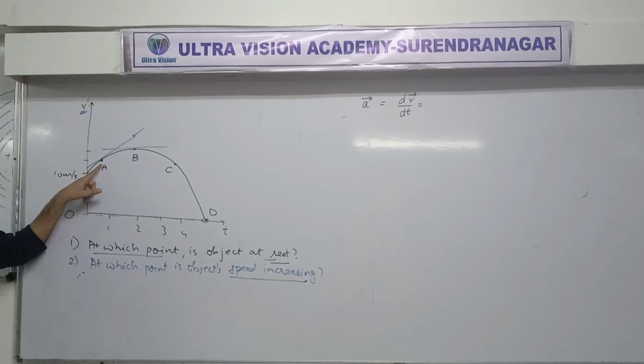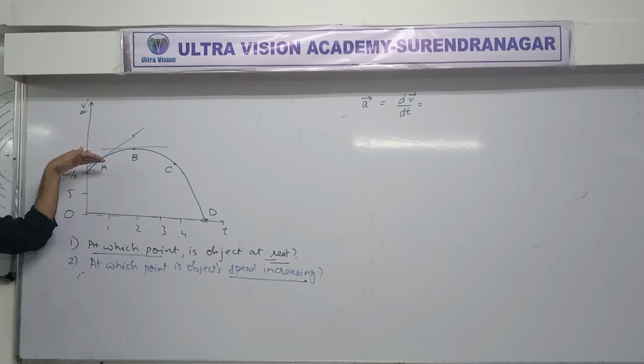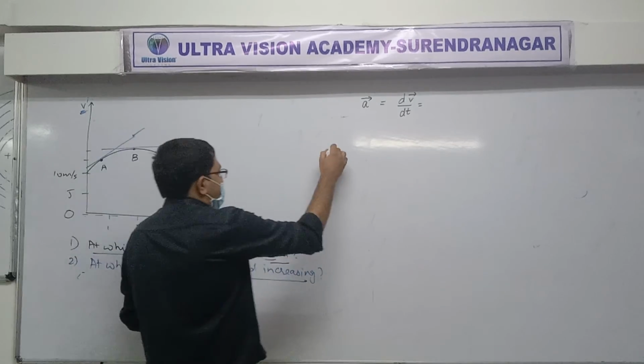What about velocity? Is velocity positive at A or negative at A? Positive. How do you know? It's more than 10. Isn't it? More than 10, is that positive or negative? Positive. Clear? So at A, let's make a kind of a table.